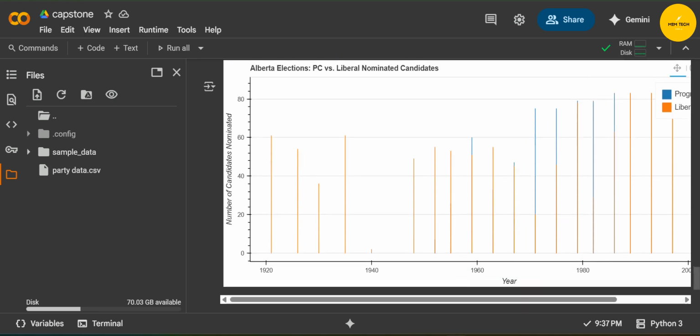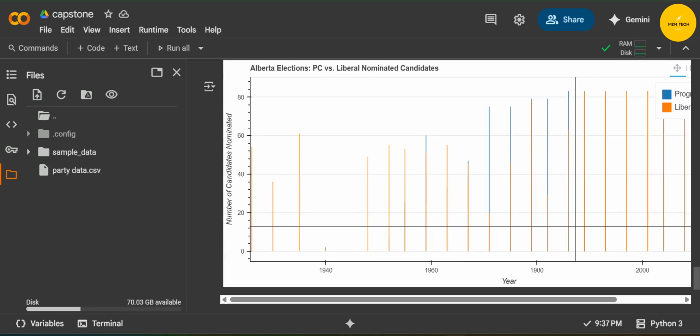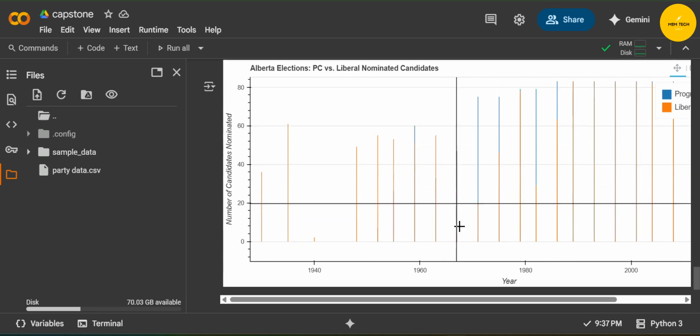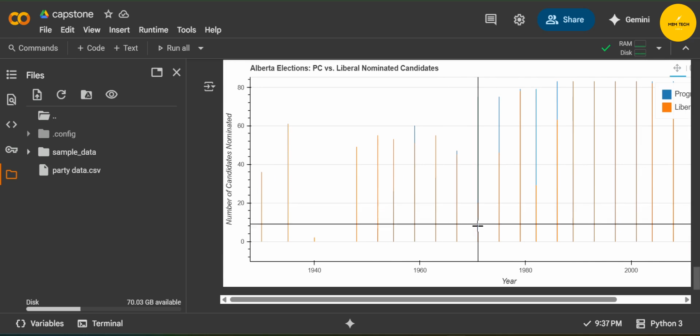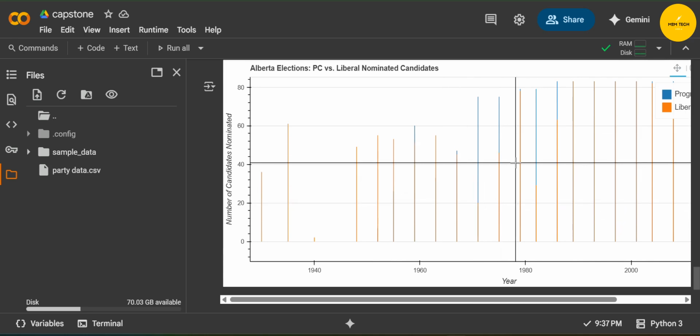And as you can see here, I just decided to format it this way because there's lots of parties in Alberta that aren't the Liberal or Conservative parties, just because I didn't do all of them. You could just see with the peaks the total amount of people who voted for each of the Conservative and Liberal Party. And it's quite easy to differentiate where the line ends because it's split red and blue.